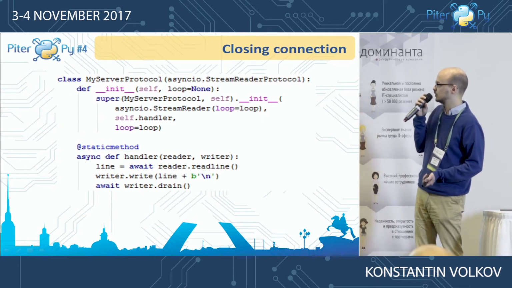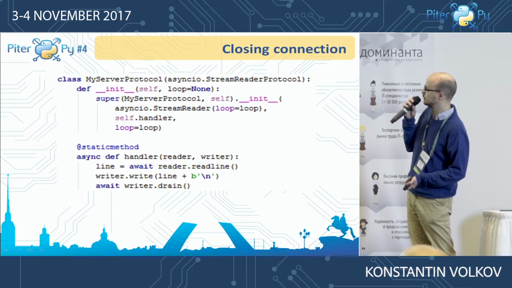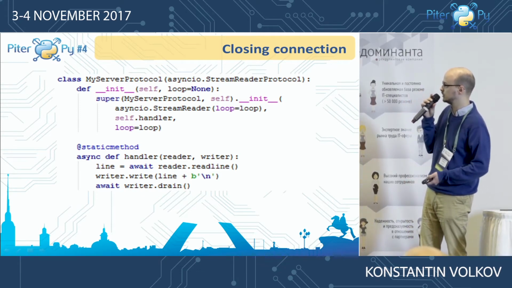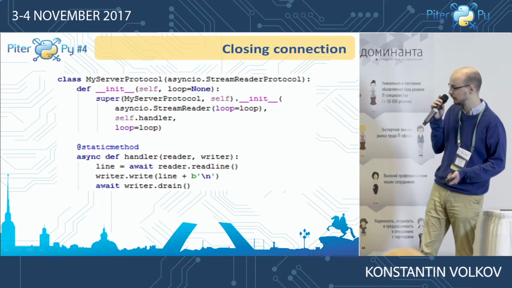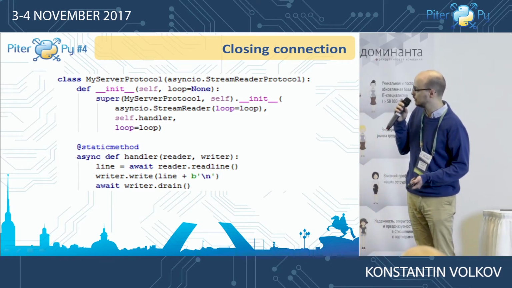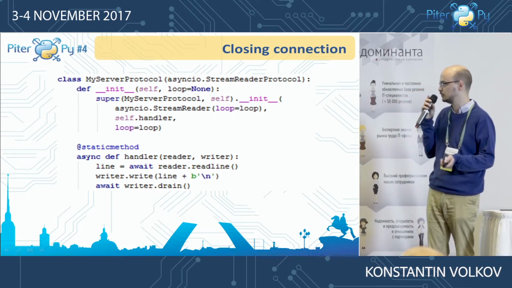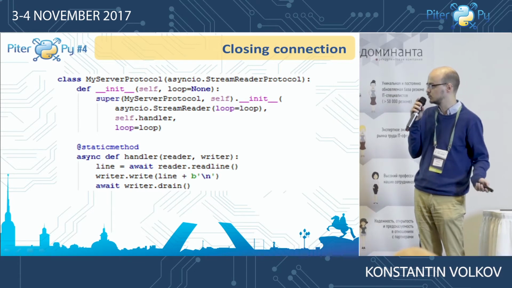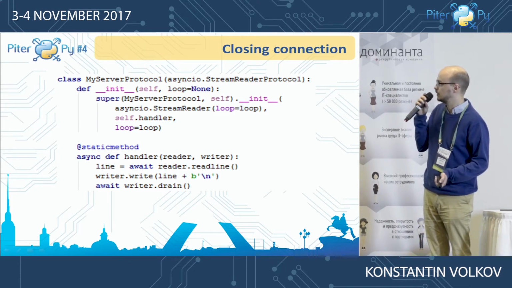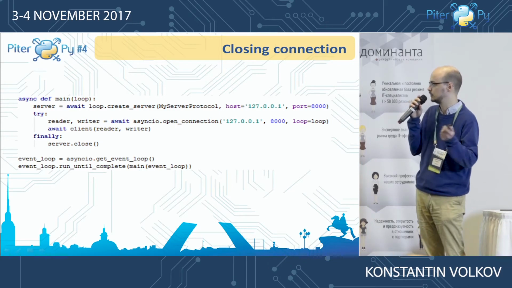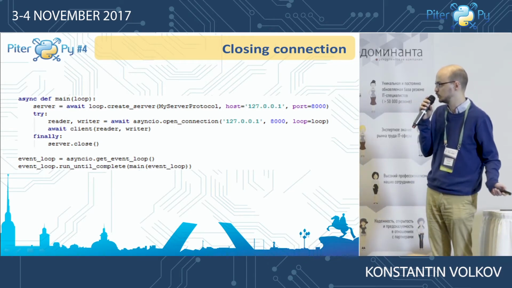And a simple example: a ping-pong protocol, an illustration of how to implement a protocol in Asyncio. We have a handler that reads a line and writes it back, there's a launcher server, and we launch a client in the loop.